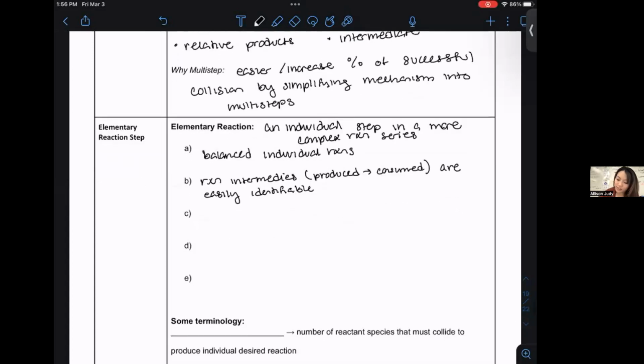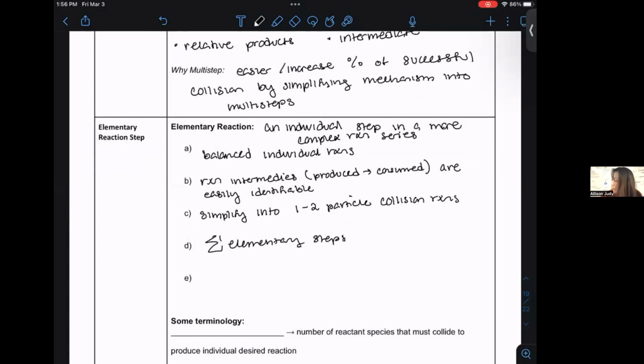Three, we usually only describe reaction and collision between 1 to 2 particles. So elementary steps simplify into 1 to 2 particle collision reactions. Four, the sum total of elementary steps should equal your overall reaction, which means, of course, no catalyst, no intermediates. So the catalysts and intermediates should cancel out.